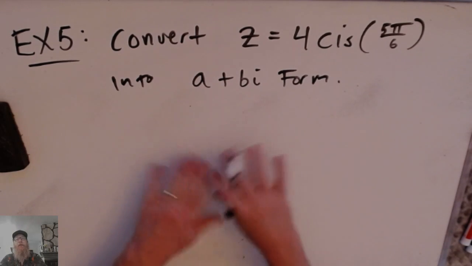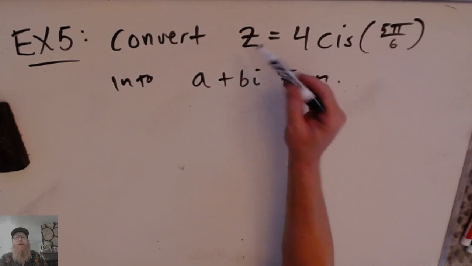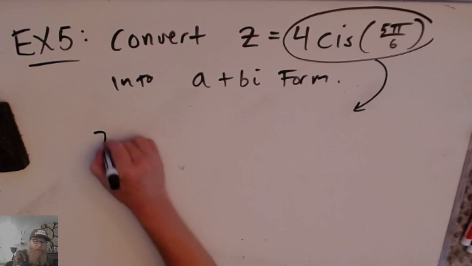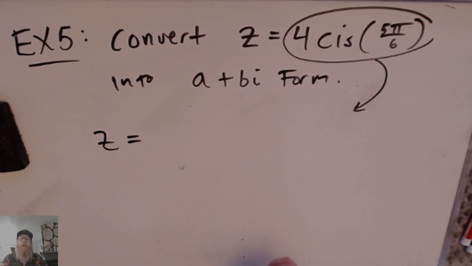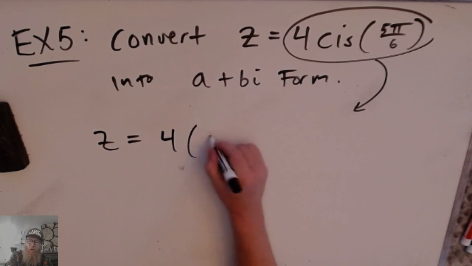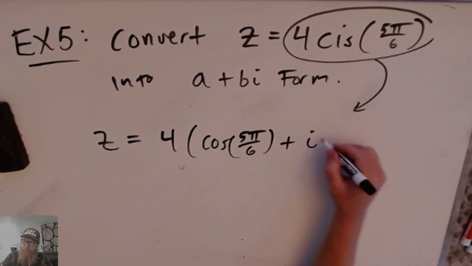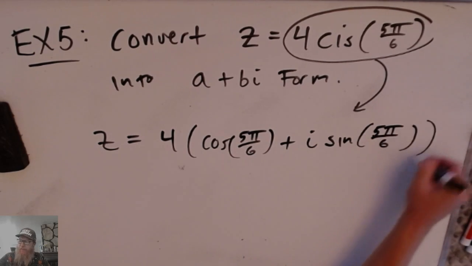All right, so convert this into a plus bi form. Notice you don't really use the z. The z is just the name of the number. I'm calling it z, complex. So that's 4 cosine 5 pi over 6 plus i sine 5 pi over 6.